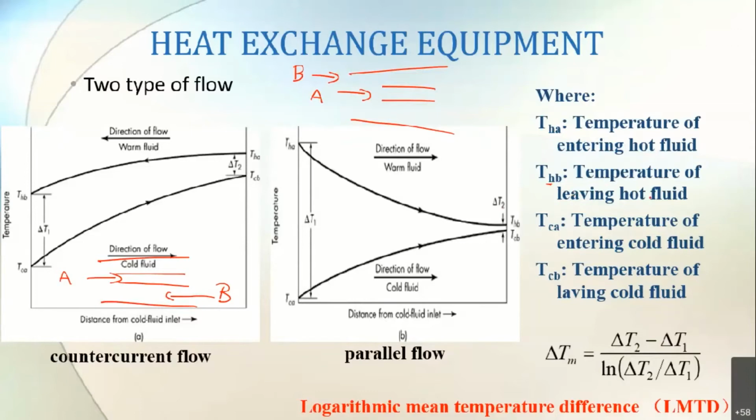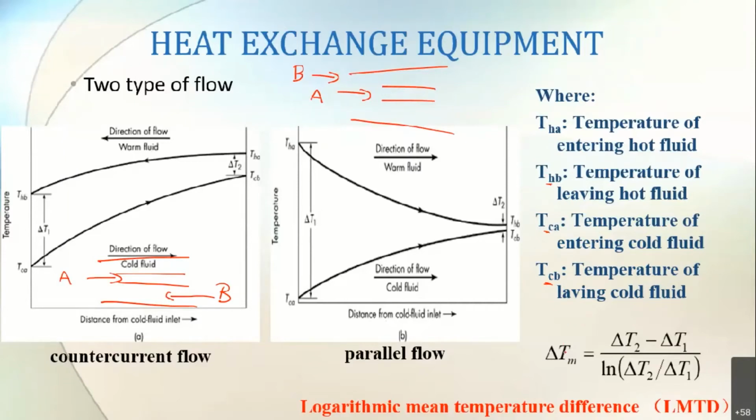TCA, C stands for cold, is the temperature of the cold fluid entering the heat exchanger, whereas TCB is the temperature of the cold liquid leaving the heat exchanger. So you have THA, THB, TCA and TCB.